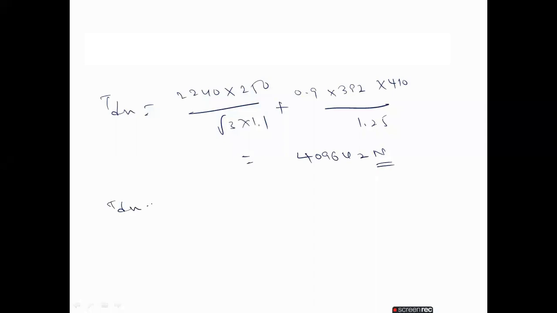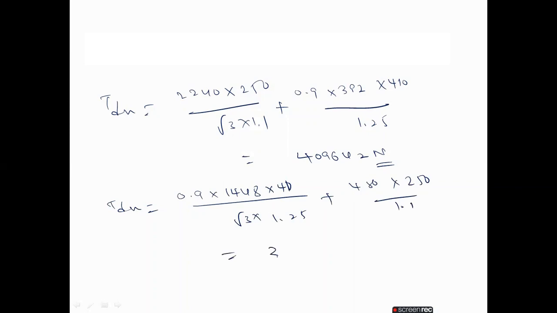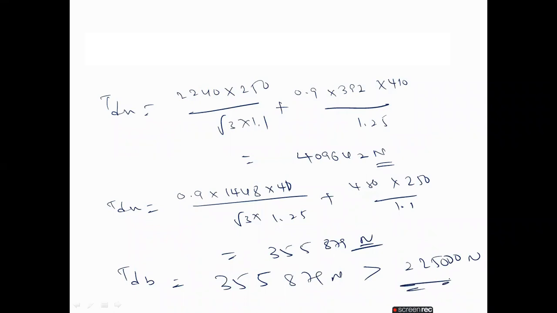In the second formula, 0.9 into 1448 into 410 by root 3 into 1.25, plus 480 into 250 by 1.1, that is 355,879 newtons. If you take the least value, Tdb is 355,879 newtons, which is greater than 225 kilonewtons as given in the problem. So this is the strength check.